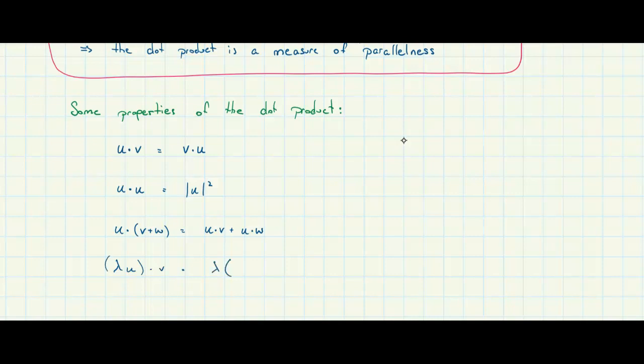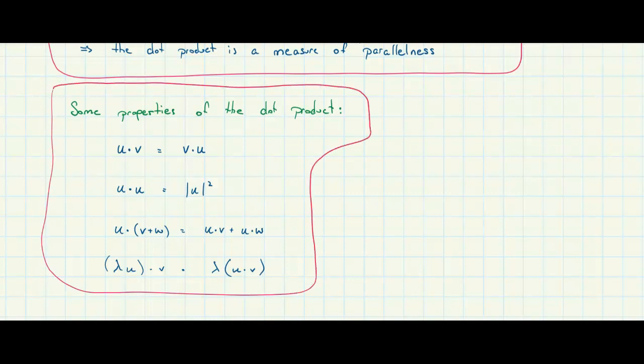We can just scalar multiply the dot of u and v. That's probably all. One more comment perhaps, because the dot product is a measure of parallelness, think about what that might mean if two vectors are perpendicular.